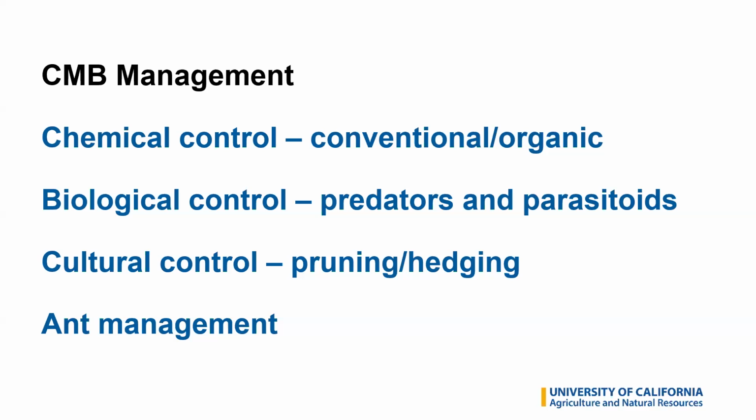And that's something that I'm going to talk about too. Cultural control, pruning, hedging, are part of all pest management. And I also want to touch base on ant management, because ants and mealybugs would need to be managed together. We have seen evidence that in the fields where we have controlled ants, mealybug infestation is less.